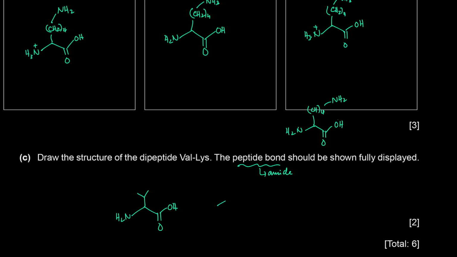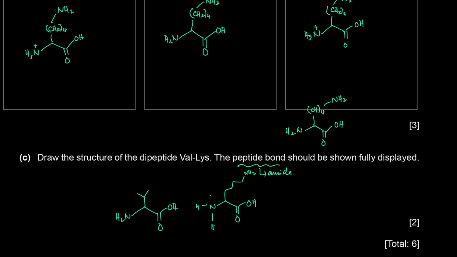It has an NH2, and it has this guy over here. It has a CH. It has 4 CH2, so that's 1, 2, 3, 4. We have CH2, CH2, CH2, CH2, and then you have an NH2.